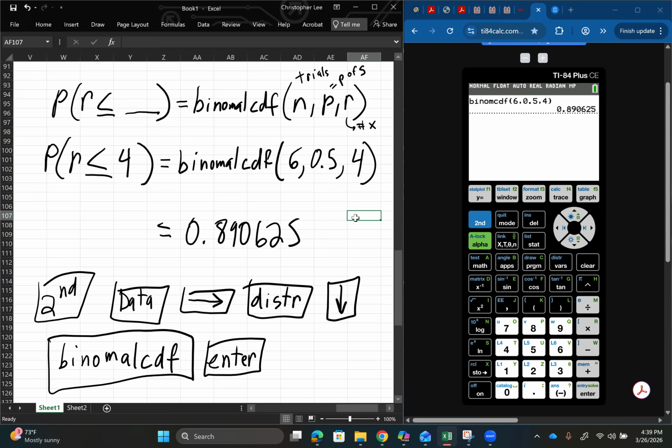Just write 0.5, enter, and then 4. Why do you have 0.59? Literally write 0.5. Enter, and then 4, and then enter. Enter again. You got the value.